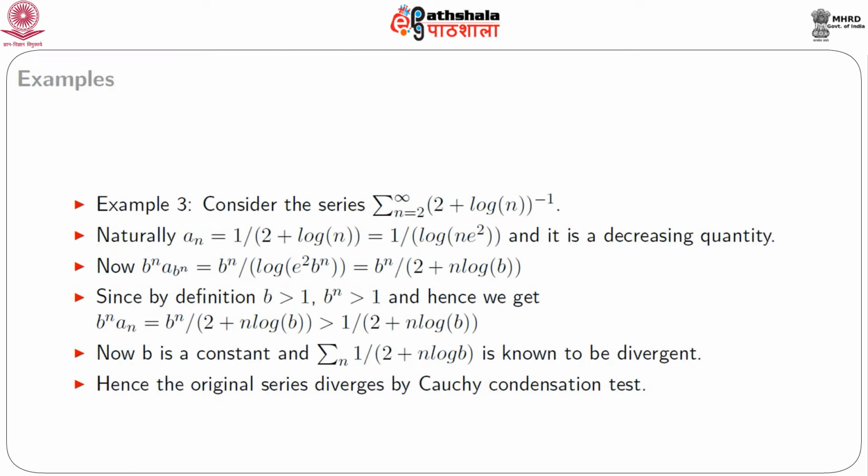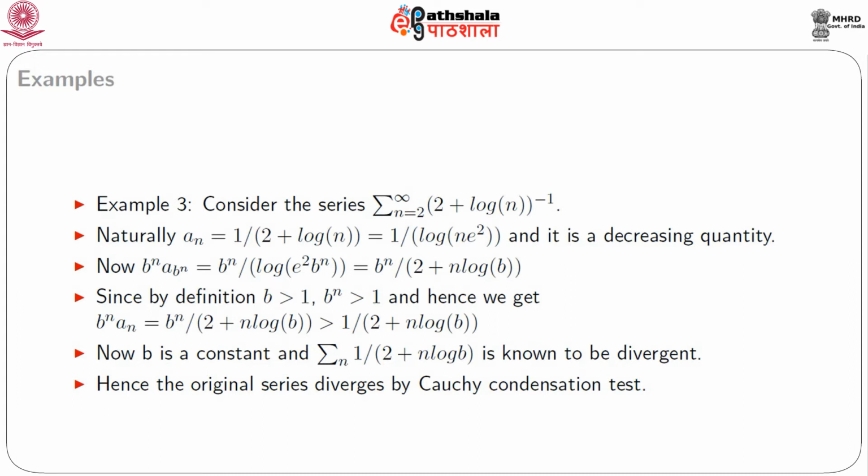Next, consider our next example. We have a series whose nth term is given by (2 plus log n) to the power minus 1, and we note that this nth term is a decreasing quantity. Now, we shall use Cauchy's condensation test. So, for some positive integer b, we consider b to the power n times a_(b to the power n), which comes out as b to the power n divided by (2 plus n log b).